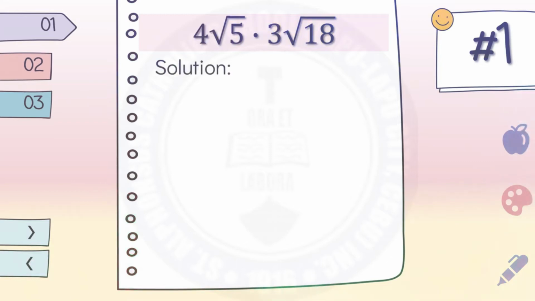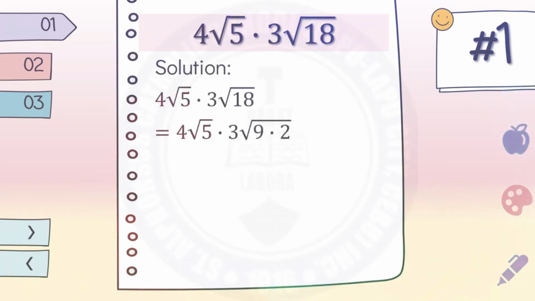So for our solution, we need to simplify each term. We can still simplify our second term, which is 3 square root of 18, and that gives us 3 square root of 9 times 2.